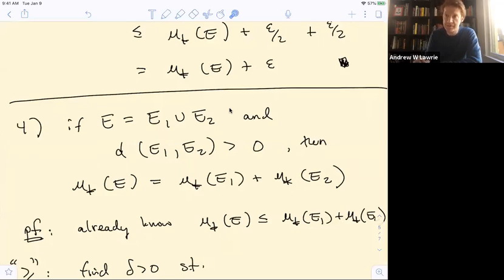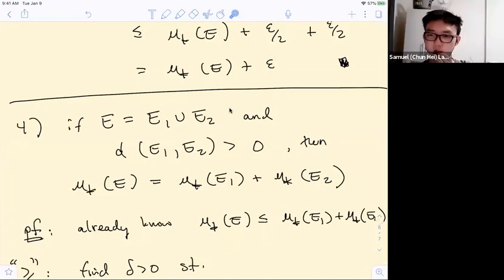In fact, it's false. This is why we're calling this an exterior measure, because we're going to have to take one more step to go from exterior measure to a measure, to get the property that disjoint sets have additivity. Yep, thanks for that.